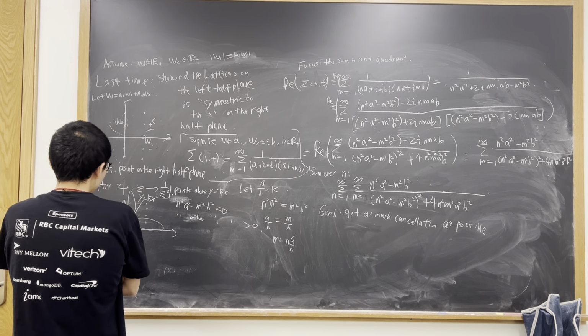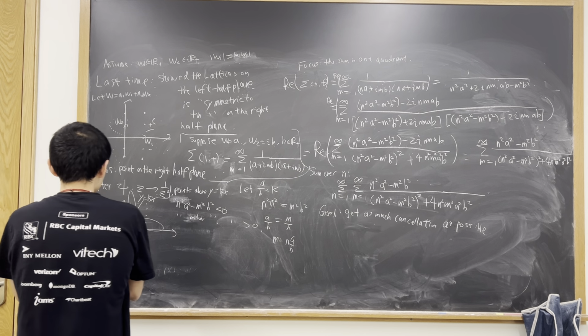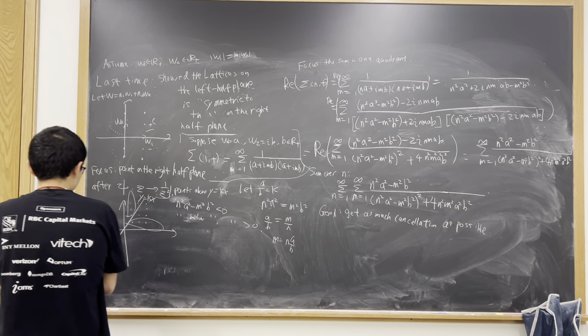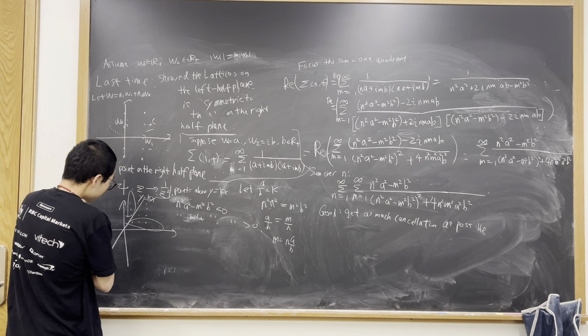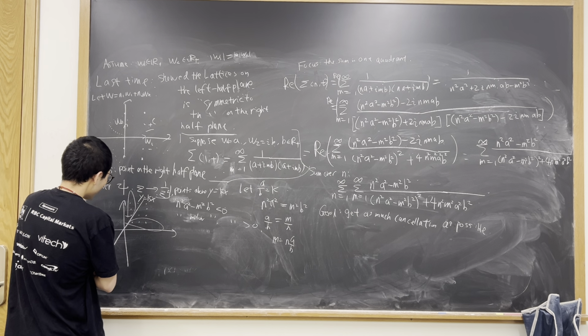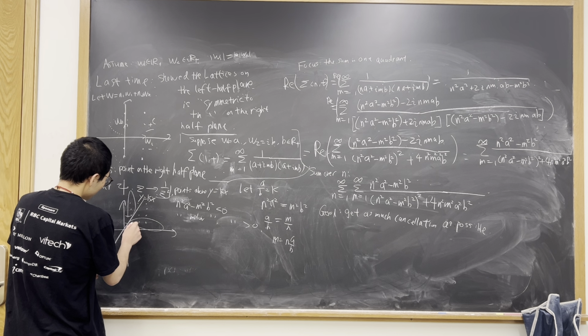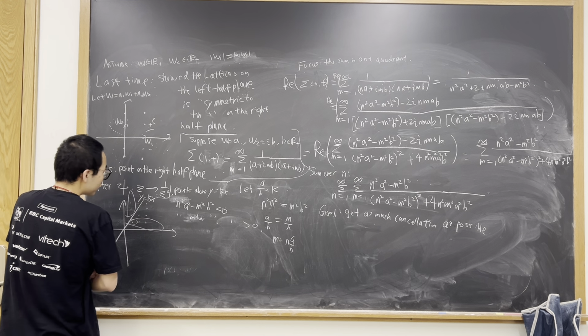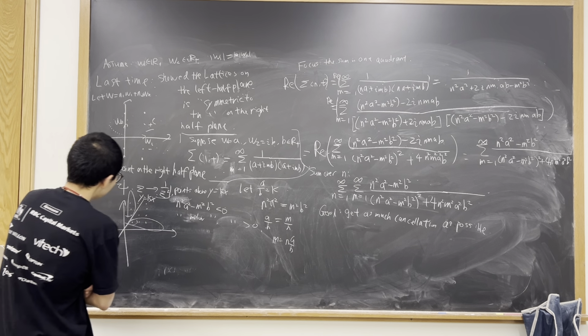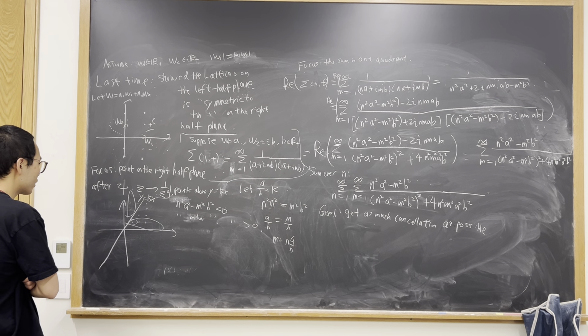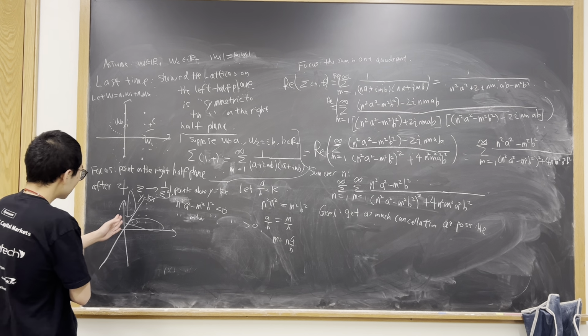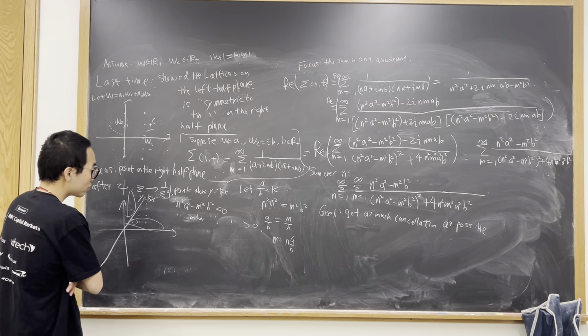Maybe let me forget about the K for a while. Maybe ignore the diagonal for a while, and then let me just sum over this row and this row to see what will happen.